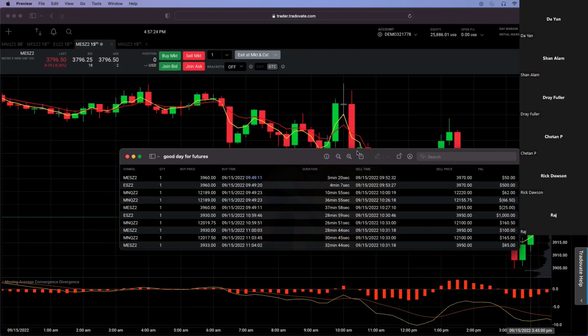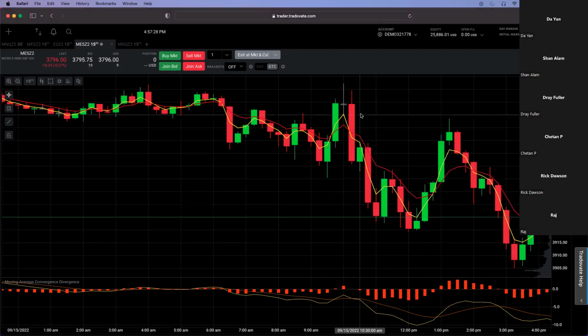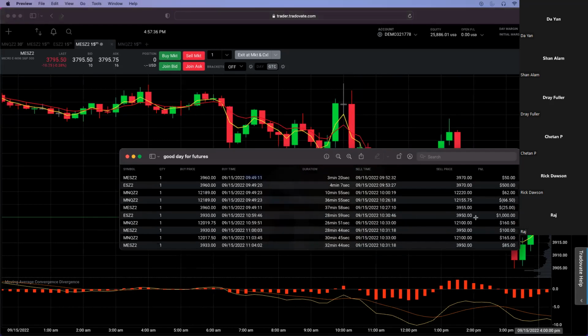Now to your question on this next big red candle. After hitting the resistance, it came down and you saw this big red candle here. So what did I do? I went short on all of these contracts and the entry was 39.50.